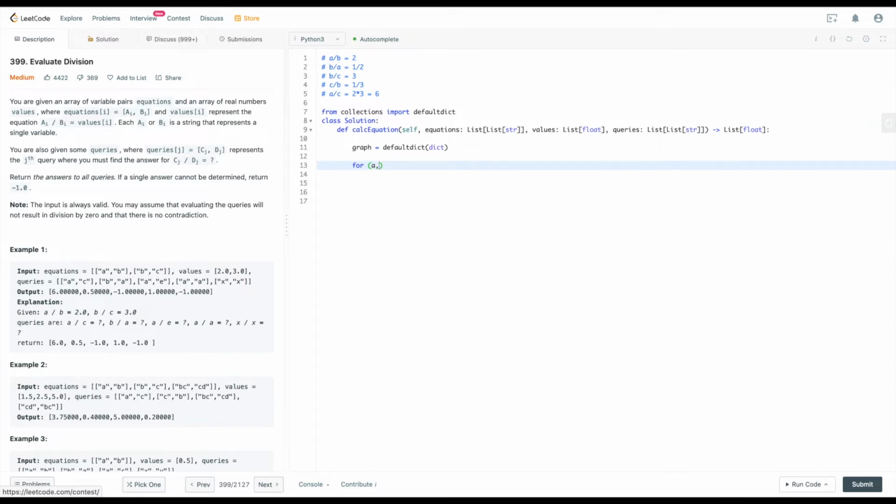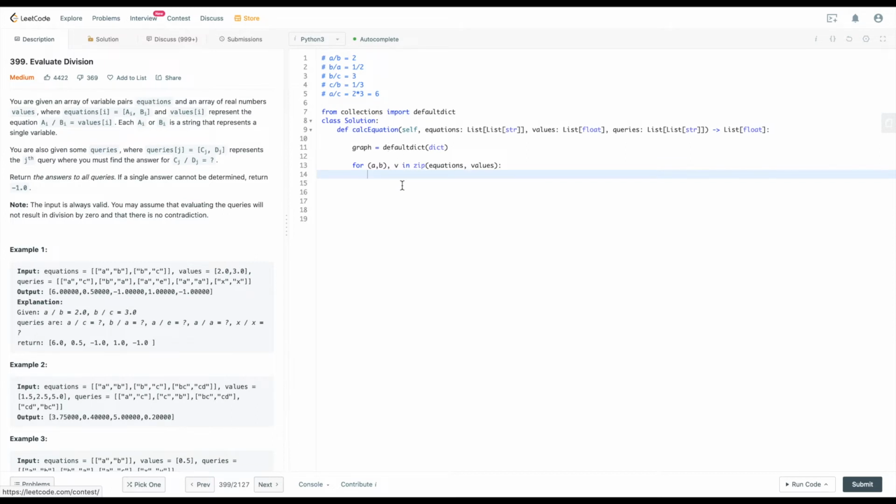I'll just call them A and B, and then V as in the value, in zip of equations, comma, values. So basically this parses it into A, B, and V. So after we parse it, we want to populate our graph with these values.